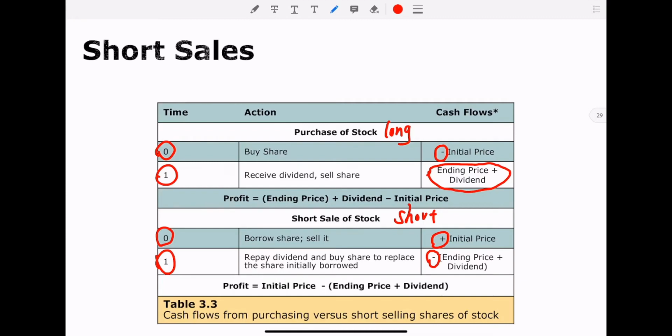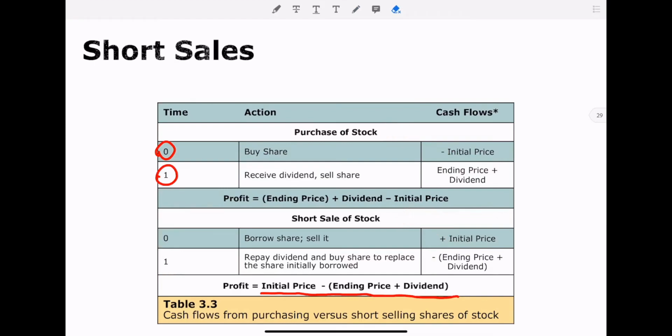So basically you can see that if you're doing a short sale, the profit becomes the initial price minus ending price plus dividend. And if you look at these two formulas, right, you can see the rationale of these two kinds of transactions.